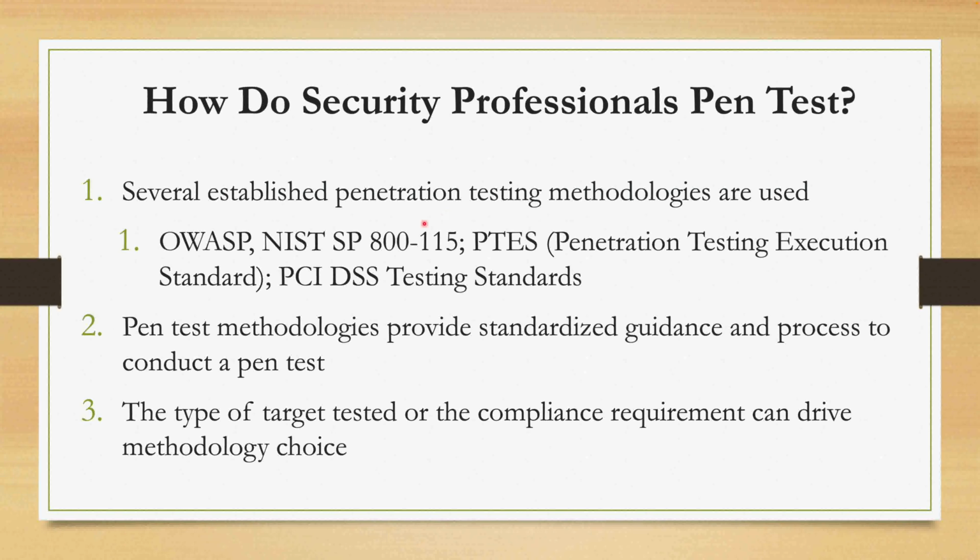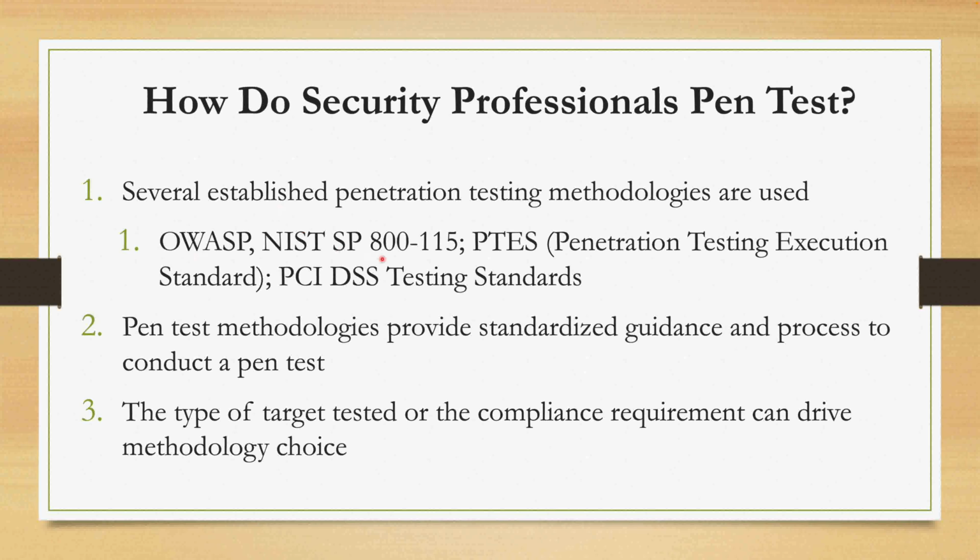So here we can see that we have plenty of methodologies. We have OWASP, NIST, PTES, PCI DSS. Each one of them has a specific purpose. Now, let's start with OWASP. The OWASP testing guide focuses on web application security. This methodology identifies vulnerabilities such as SQL injection attacks, XSS, and authentication flaws.